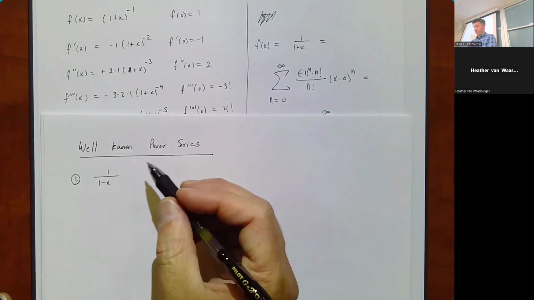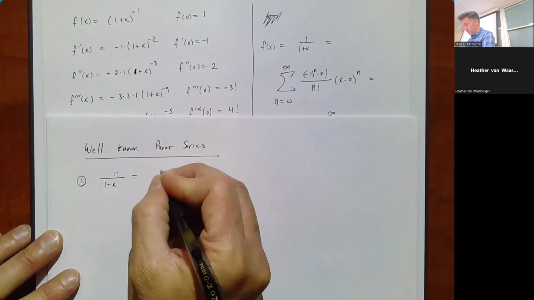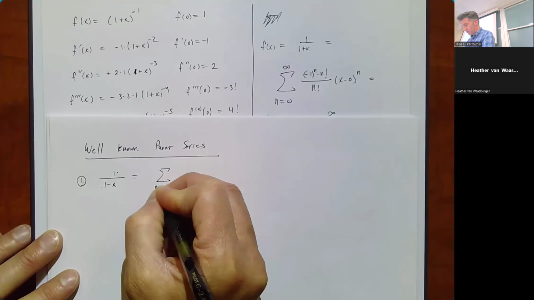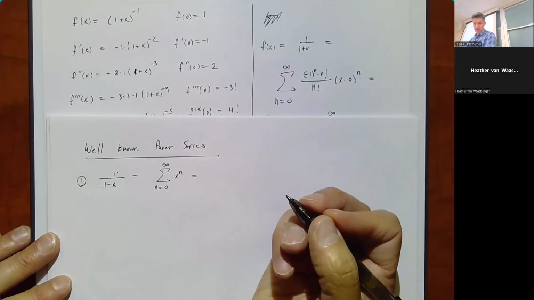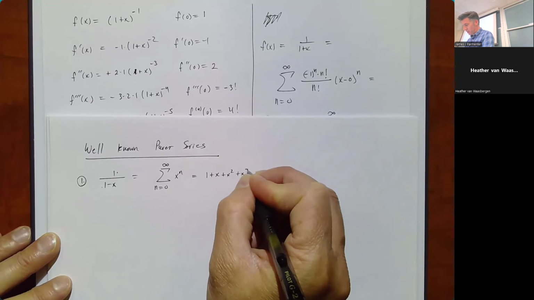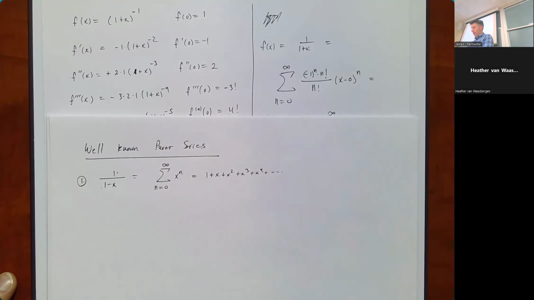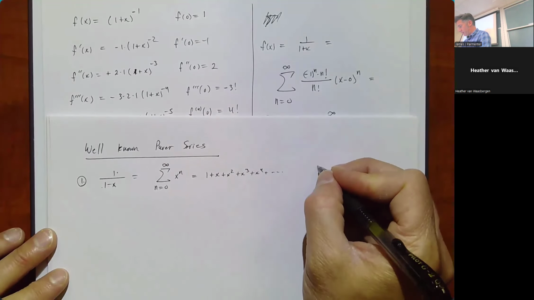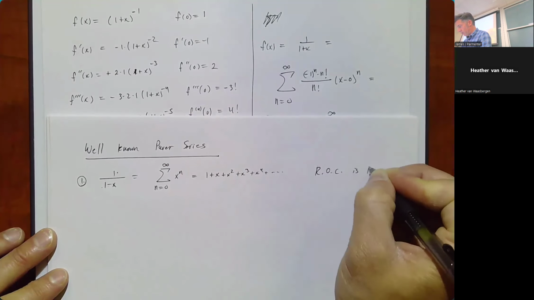That looks like a first term over 1 minus a ratio, and that was equal to the sum from n equals 0 to infinity of x to the n, which if you want to write out terms, is 1 plus x plus x squared plus x cubed plus x to the fourth forever. And I will point out that the radius of convergence is r equal to 1.